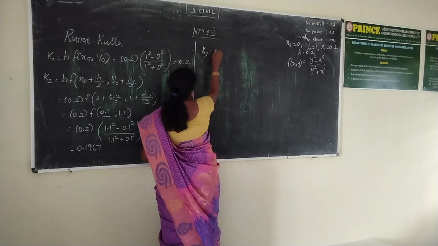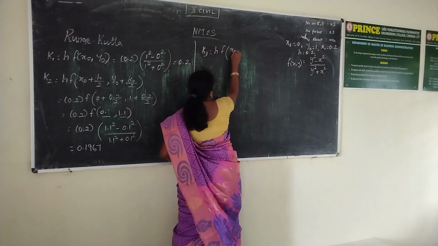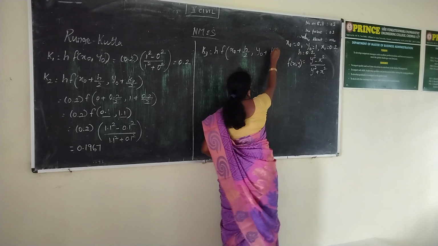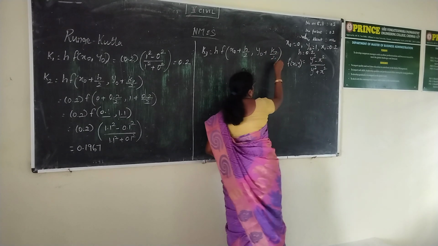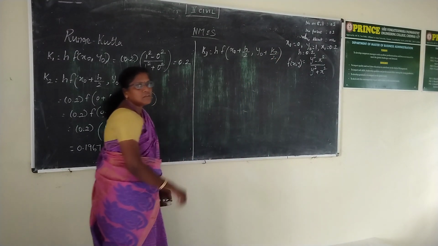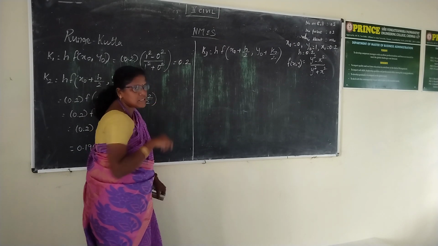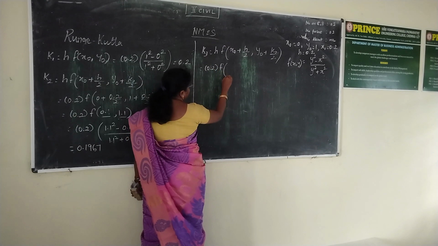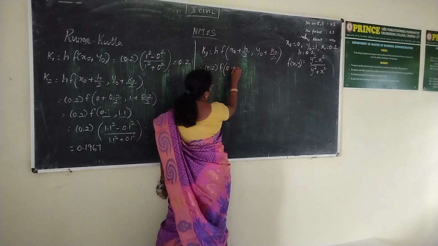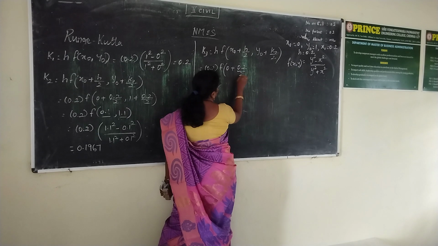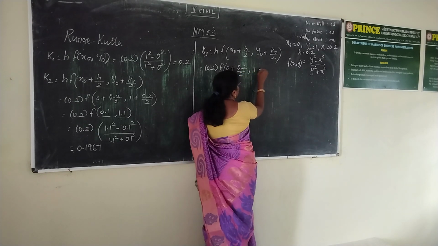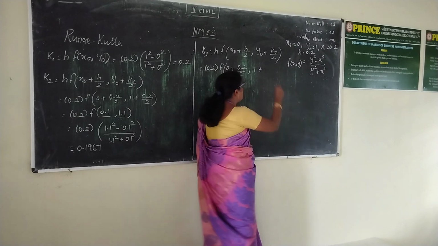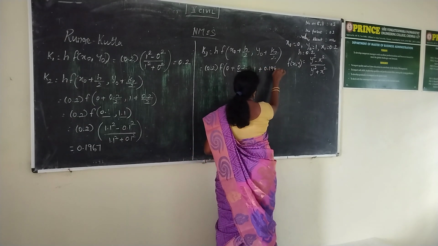So K3 equal to h into f of x naught plus h by 2 comma y naught plus k2 by 2. Same logic, substitute. 0.2 into f of x naught value is 0 plus h value is 0.2 by 2 comma y naught is 1 plus k2, the value you found out, 0.1967 by 2.